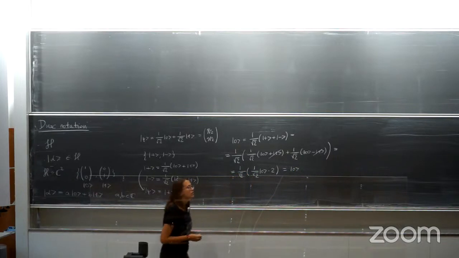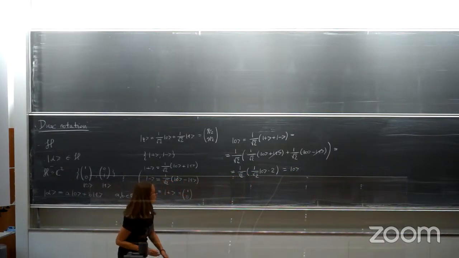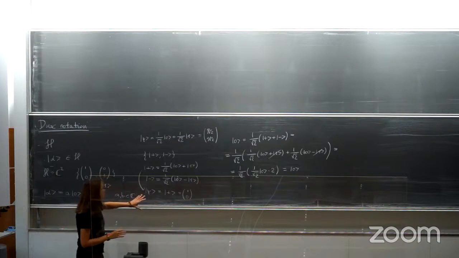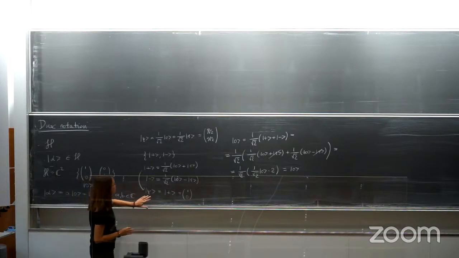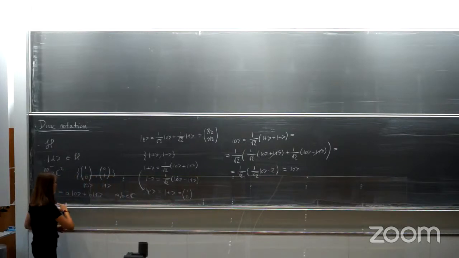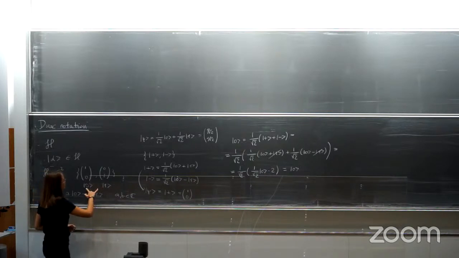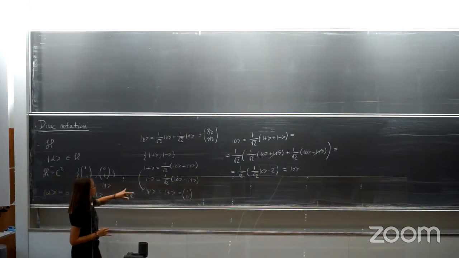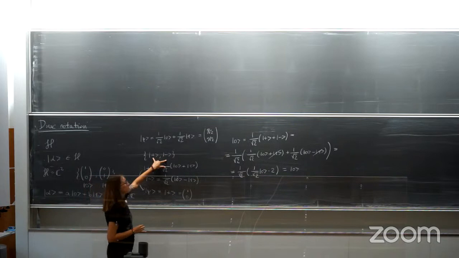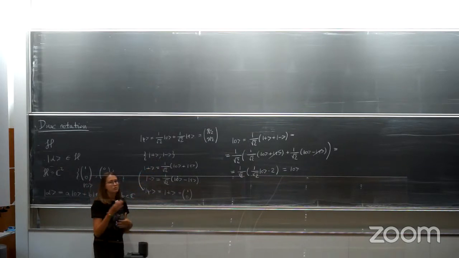So the way to understand it is that bras and kets are just the notation for the vectors in a vector space. There are these 2 particular vectors that I chose, which I label as 0 and 1. Then in terms of these 2 vectors, I just define vectors plus and minus. If you remember your linear algebra, I'm just going from one basis to the other.